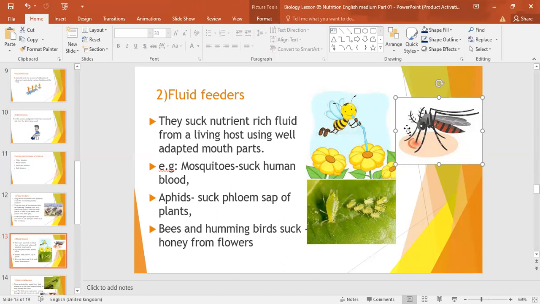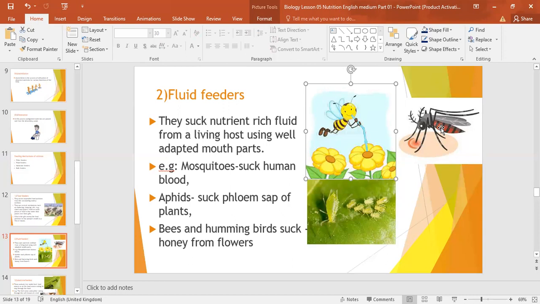We call it cattle trapping. When we want to trap mosquitoes, we use some animals as bait. Therefore we can say not only us, they feed on other animals too.